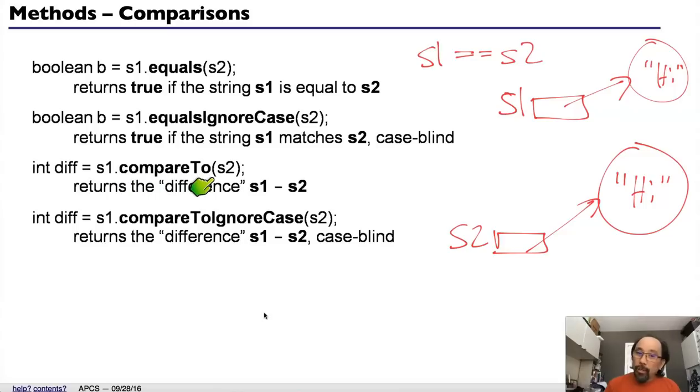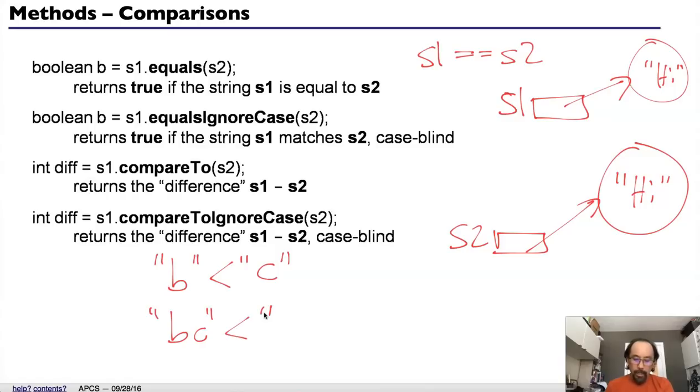There's also compareTo, so I can compare two different strings to see if they are the same or not. The easiest way to think about it is by giving some examples. B is less than C. BC is less than C. BA is less than BAA.